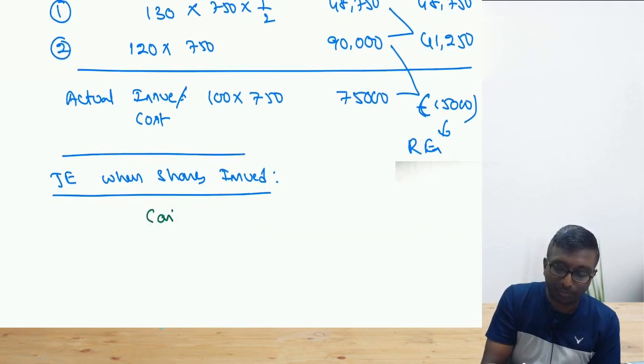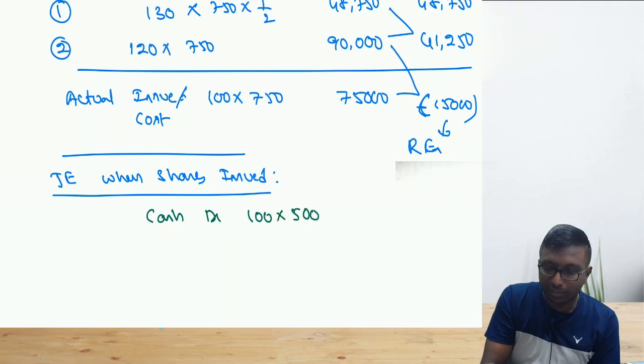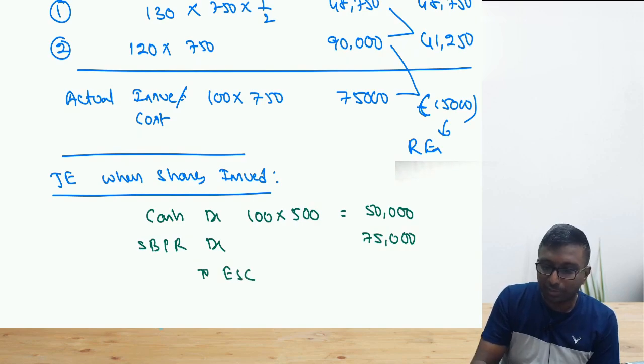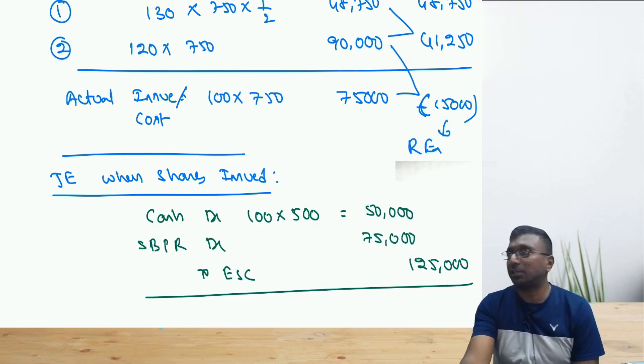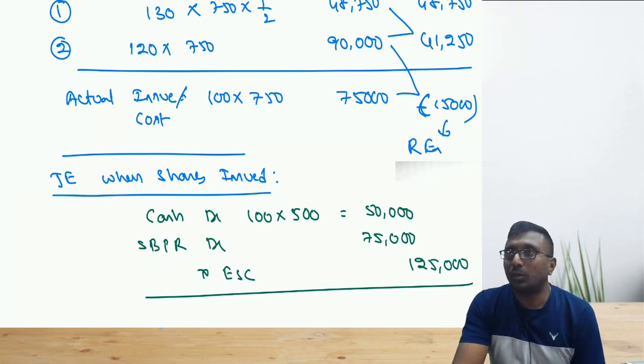First, cash account debit, 100 into 500, 50,000. SBPR account debit, 75,000. To equity share capital, 125,000. I don't know the face value and so on; entirely I'll put it under this one only.